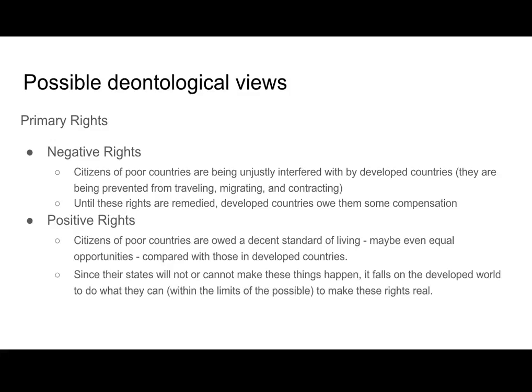But since the states of Central and Sub-Saharan Africa cannot make these things happen for them, it's going to fall on someone else to make it happen. Again, within the limits of the possible. No one's claiming that the world can be made perfect, only that there are some standards by which we should guide our actions in order to make things better.